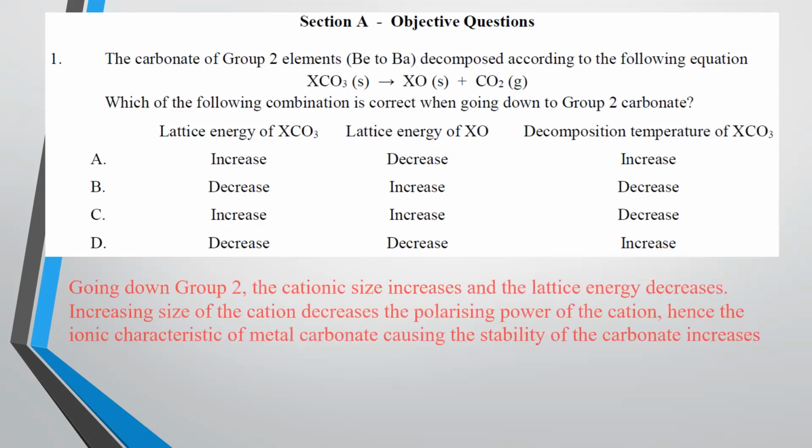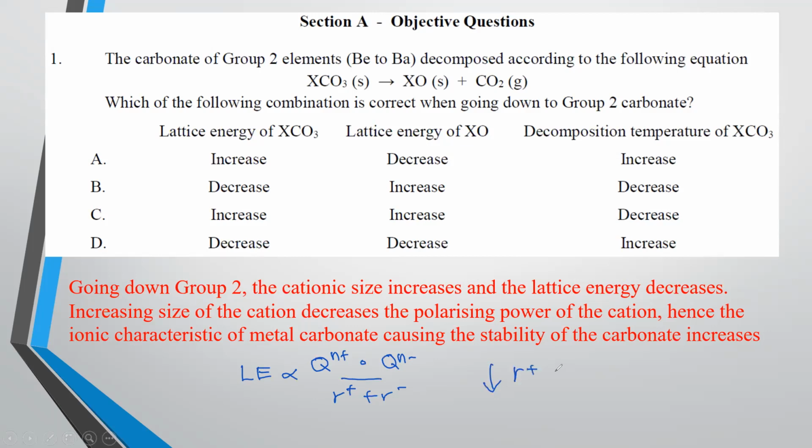Okay, so as we already know, the energy is directly proportional to the charge, yet inversely proportional to the inter-ionic radius. So when going down group 2, as the ionic radius increases, the energy decreases.